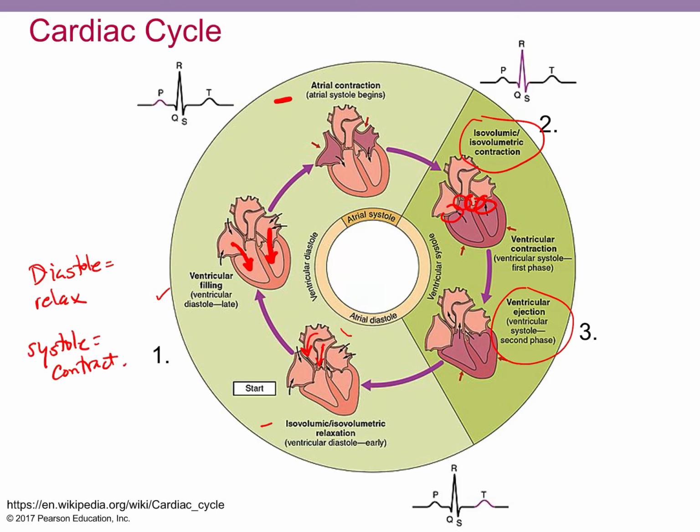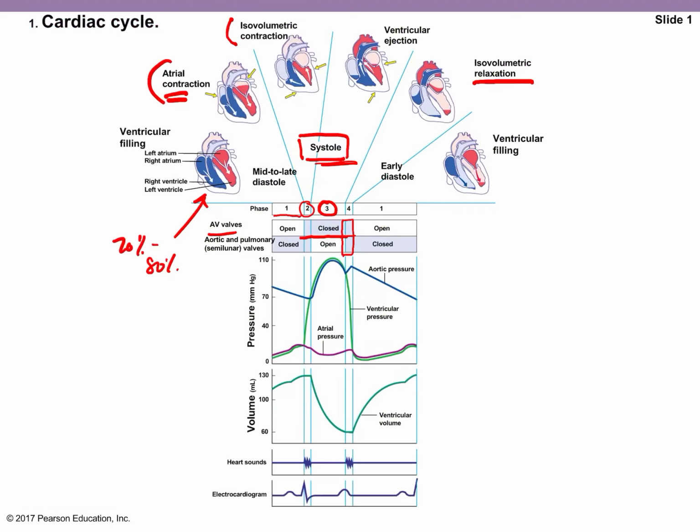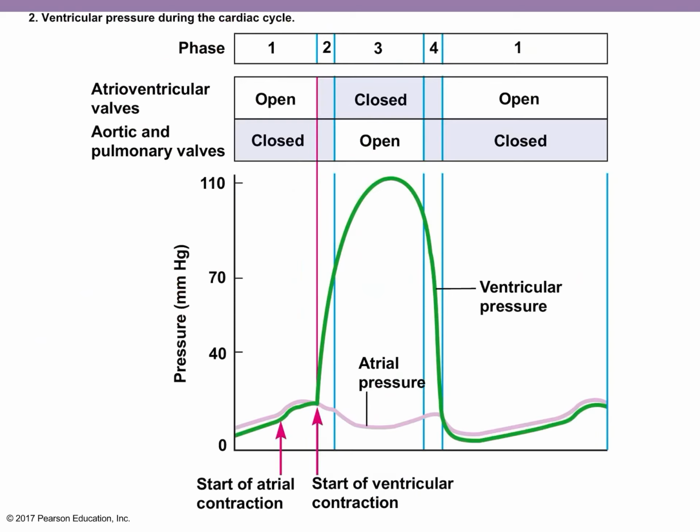That backwards pressure, when the ventricles have been relaxed, is going to close our semilunar valves, and the AV valves also remain closed. No blood's going anywhere. And then again we get to opening, and both of our chambers are relaxed to fill. So that is the phases of the cardiac cycle.